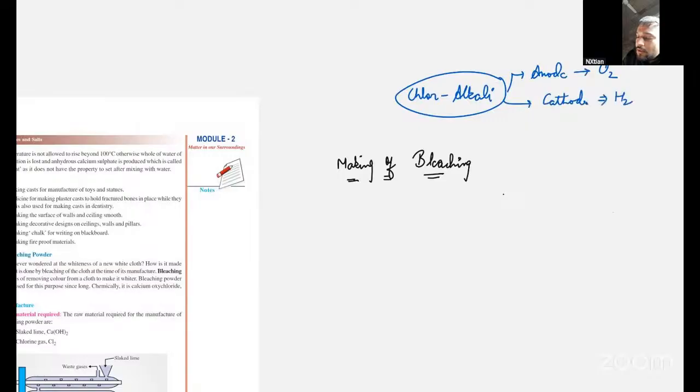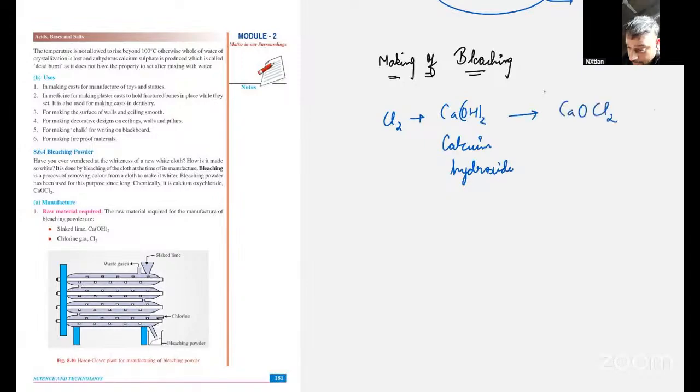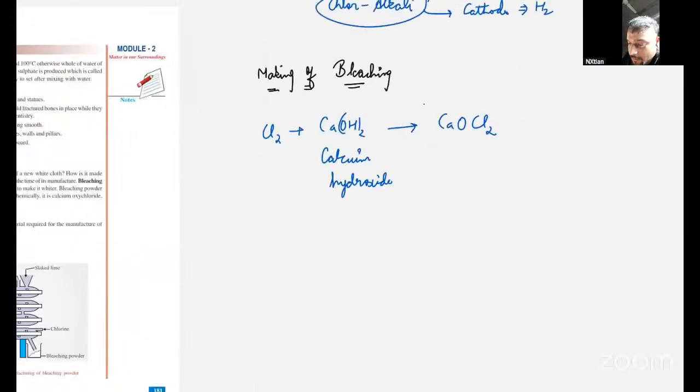We will use this chlorine gas, and it will react with Ca(OH)2, calcium hydroxide, which will give CaOCl2, calcium oxychloride, and water.